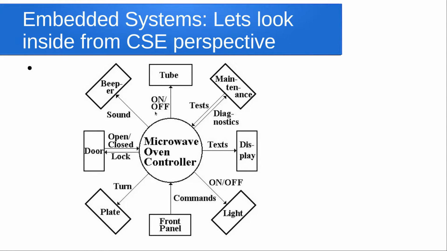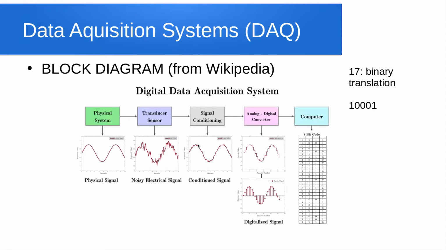Right? These are simple things, but they should let you understand that a microwave oven has an embedded system which consists of a microcontroller that has a couple of inputs, as you see the arrows that are inbound, and a couple of outputs as the arrows that are outbound. Right?